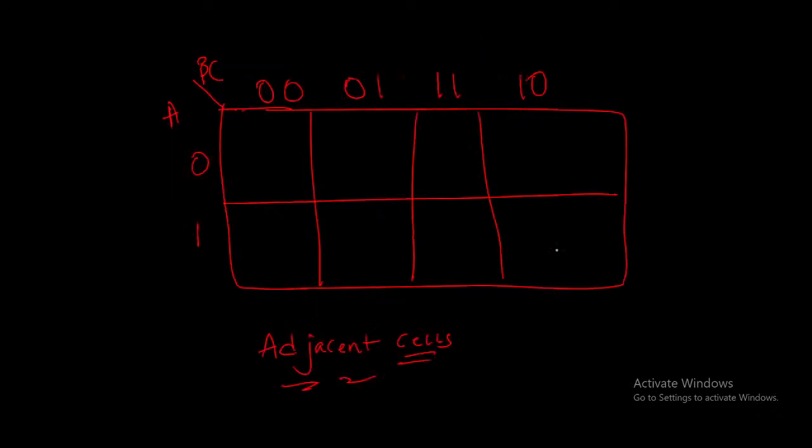And if you observe the two variable 00, 01, 11, 10: from 00 to 01 there is only a 1-bit change, so you can see these two are adjacent numbers. And from 01 to 10, if you observe, 1 is changing to 0 and 0 is changing to 1.